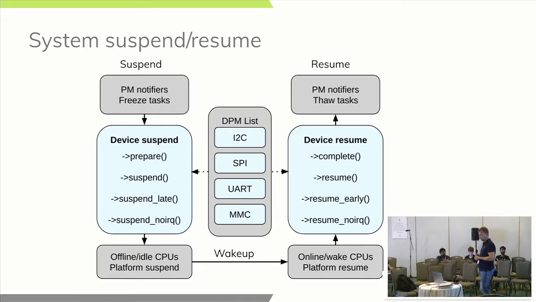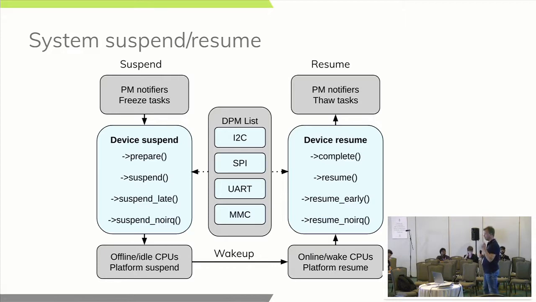Regarding suspend to idle and suspend to RAM, there is quite a small difference nowadays. So in the suspend to RAM case, we are hot plugging all CPUs but the boot CPU. So only one CPU remains online. That's the final thing that happens.